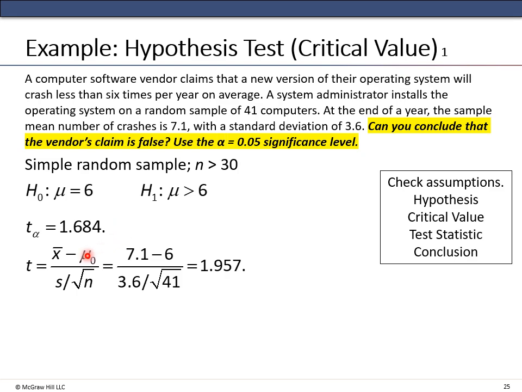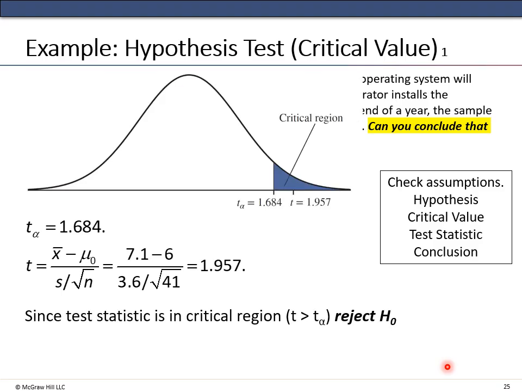Our sample mean is 7.1, our population mean is 6, our standard deviation 3.6, and there were 41 computers tested, and we get a test statistic of 1.957. To me, it always helps to visualize these. I can see the curve, I can see my critical value, 1.684.